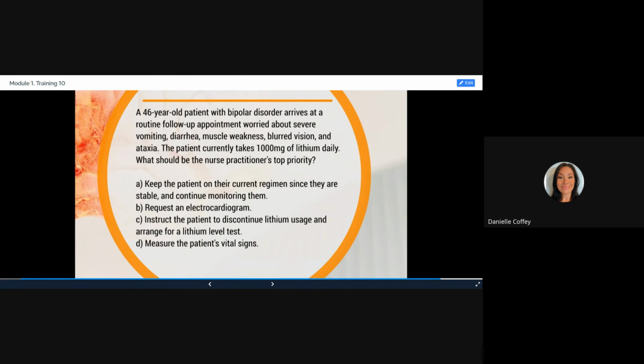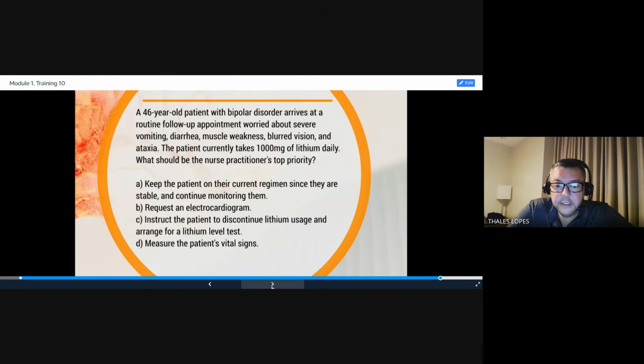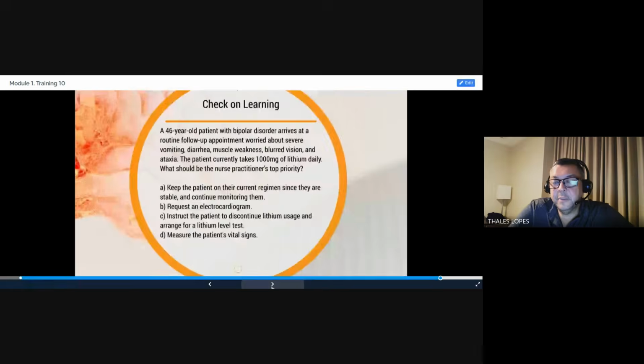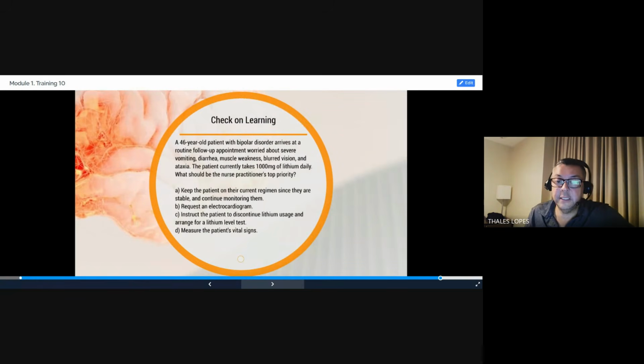And my own answer, I would go with C, as we just discussed. If you suspect anything, you discontinue first and then pull levels. Absolutely, right? So instructing the patient, because the patient is going home, to stop lithium and so forth, that would be the option.